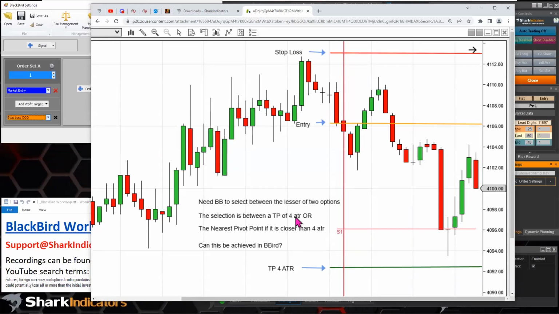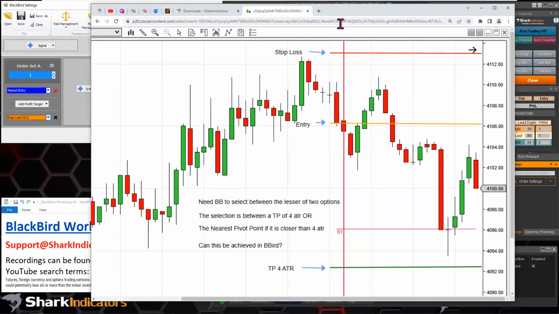But when you want to use an indicator, right? So the nearest pivot point is going to be calculated by some kind of swing point indicator. So this being an indicator, there's always the risk that your indicator might be on the wrong side of the market.